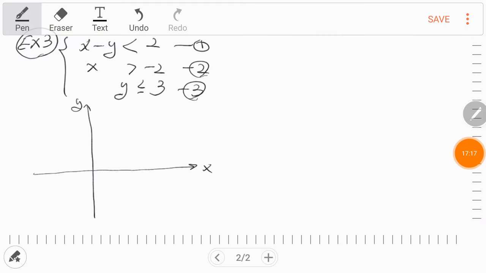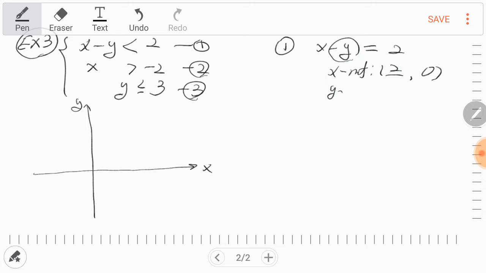Okay, this is exercise 3, and this system has 3 inequalities. So let's sketch the 3 graphs. For the first inequality, let's make it an equal sign so that we can draw a line first. So from here, let's find the x-intercept and y-intercept. For the x-intercept, set the y value to 0, then x equals 2, and for the y-intercept, x equals 0, then y is -2.